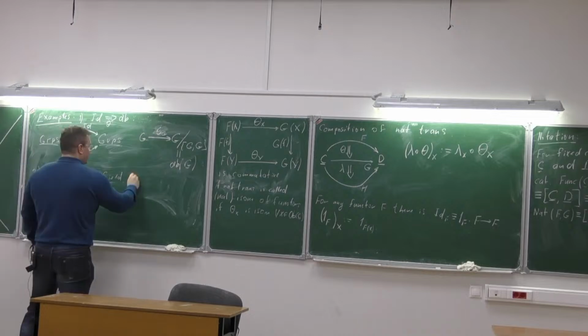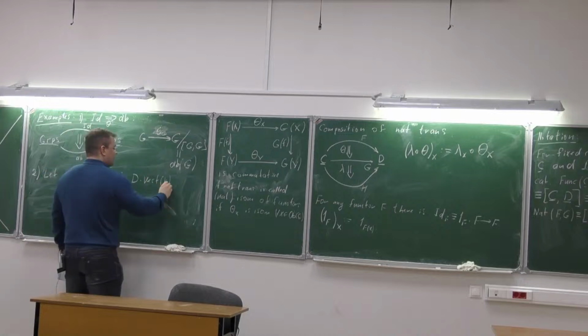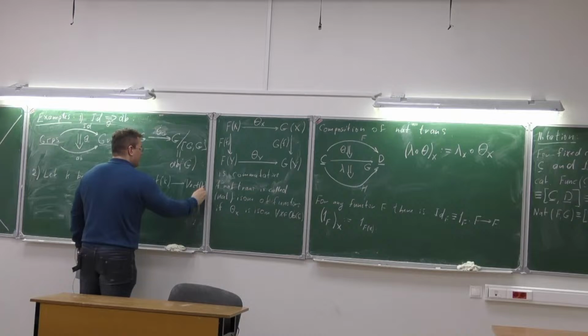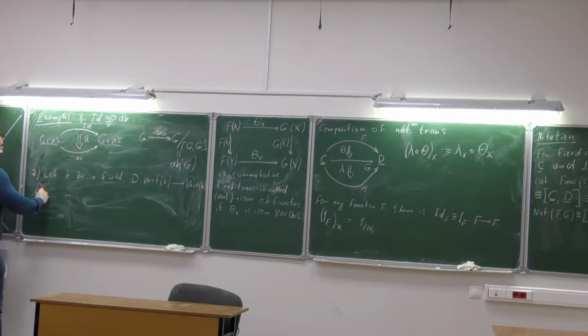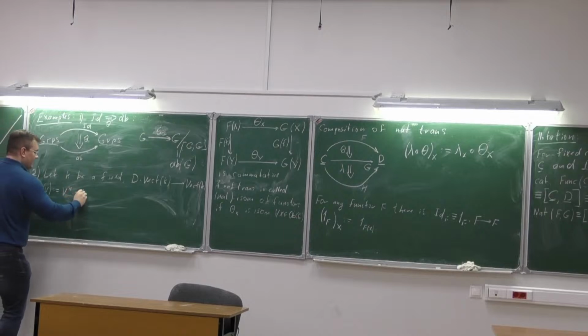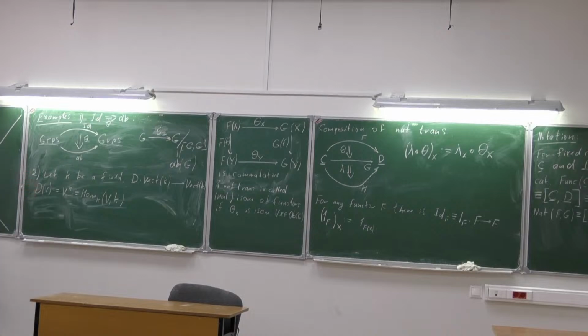Then we have the duality functor D from the category of vector spaces over K to the category of vector spaces over K. What this functor is doing is just taking a vector space V and sending it to the dual space V star, which is the space of all linear maps from the vector space to K.